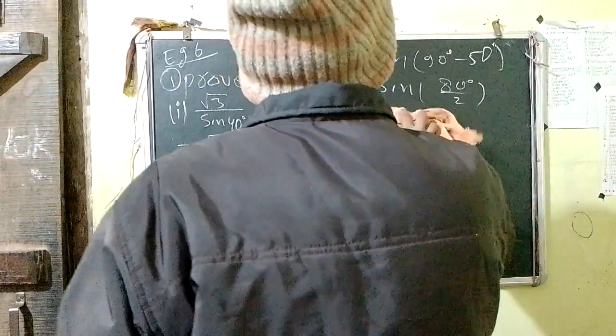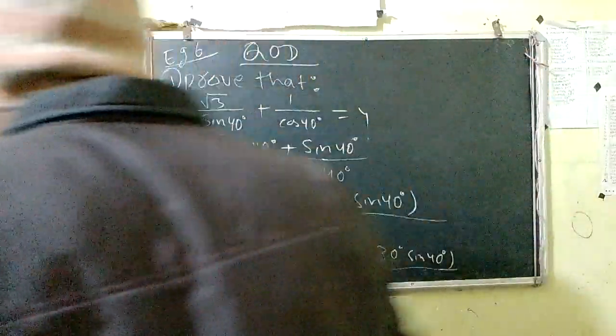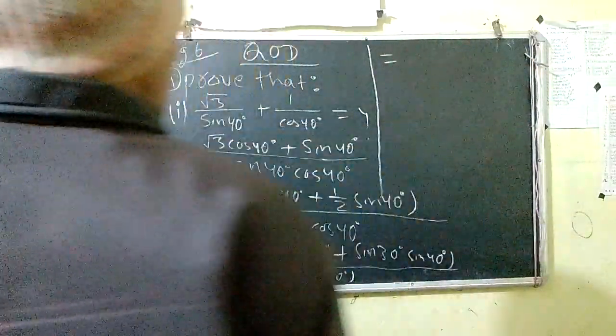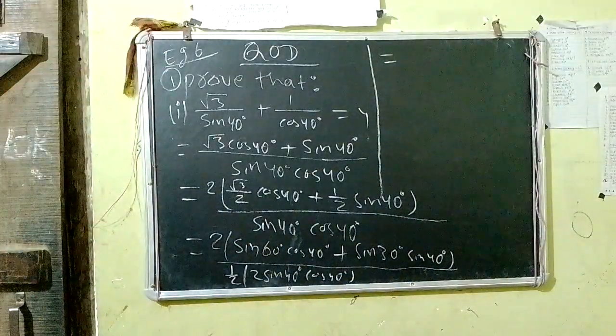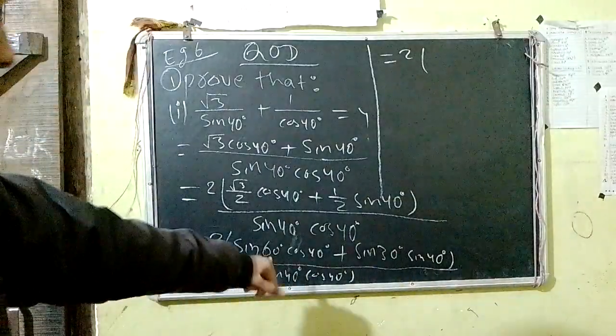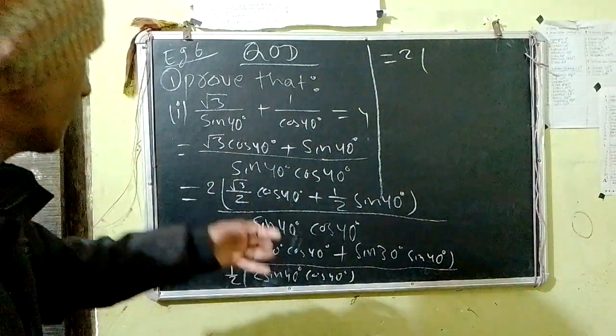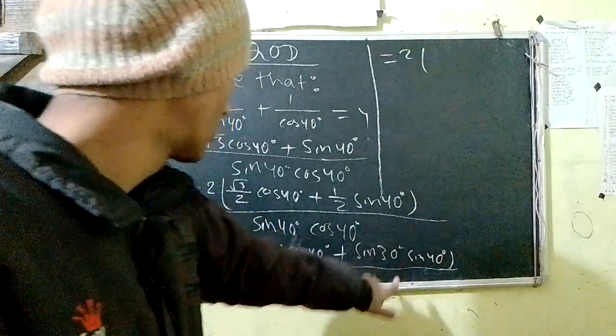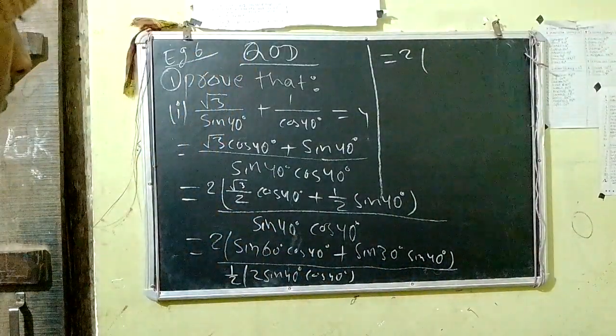Now furthermore, this is going to be equal to, pay attention, 2 as it is, sine 60 cosine 40. Instead of sine 60 you could have written here cosine 30 and here cosine 60.